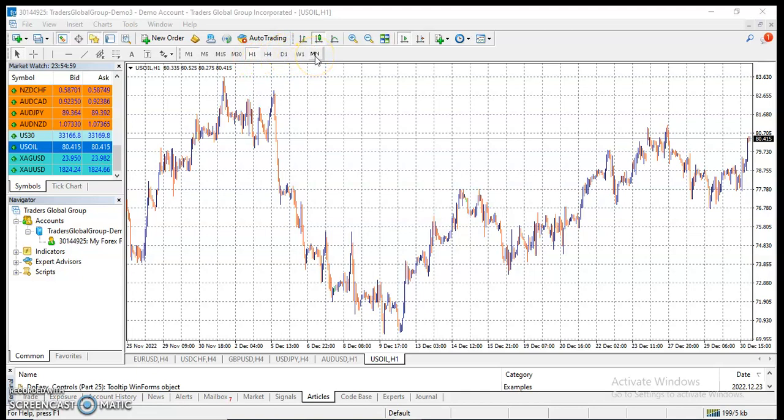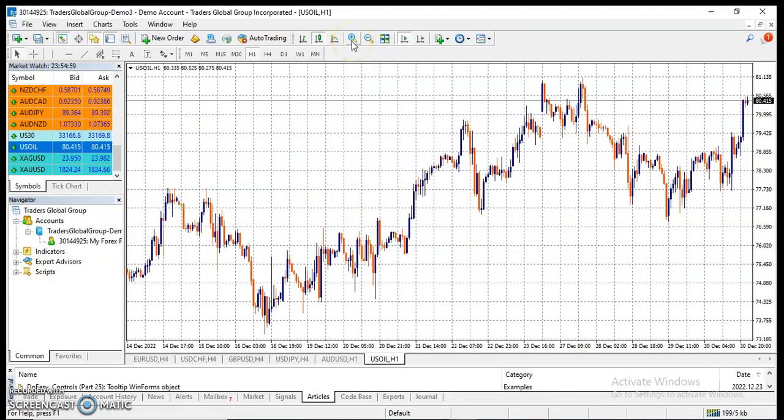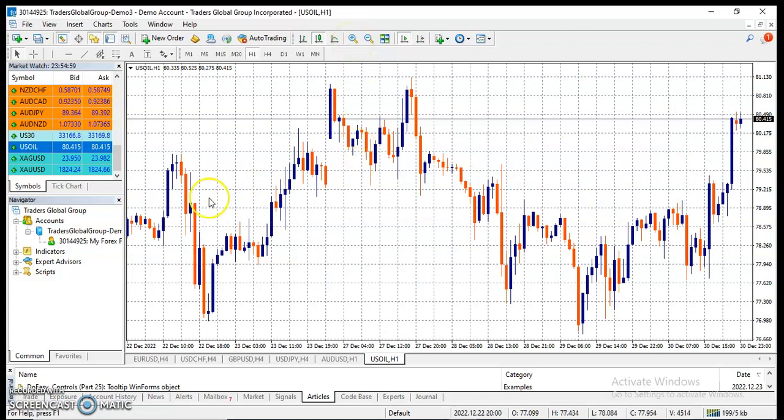Now you're going to be asking, what does this really mean? When you are on the 1 hour chart, I've clicked this 1 hour, we are actually on the 1 hour chart. Let me zoom out a little bit so that you can see. Every candlestick you see on this particular 1 hour chart takes a whole 1 hour, 60 minutes, to form.